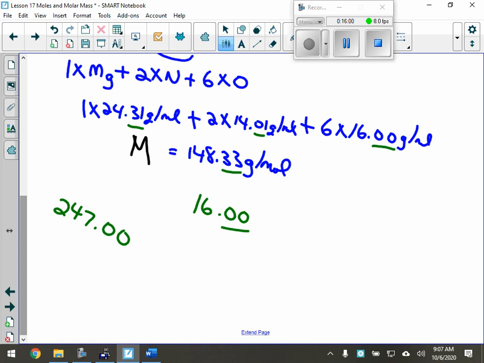When you're adding up stuff and everybody has the same scale, which the periodic table is based on, they're basically saying we know this is accurate to 2 decimal places, so we're going to go with 2 at the end. Whatever that happens to be, we're going to make sure we have 2 decimal places as an answer.